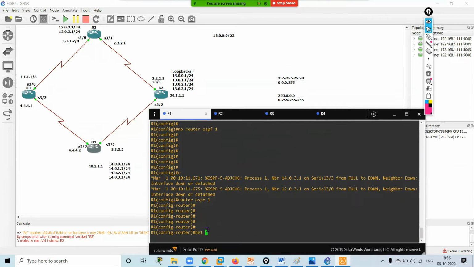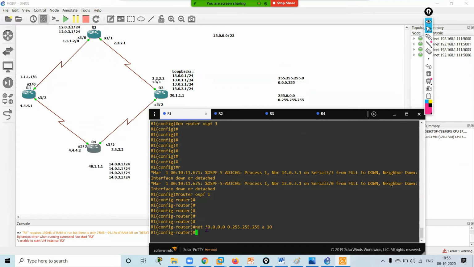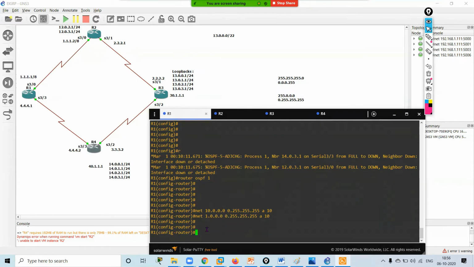Now network 10 dot network with wildcard 0.255.255.255, sorry, area 10. This will be my area 10. The 1 dot network will also be in area 10.